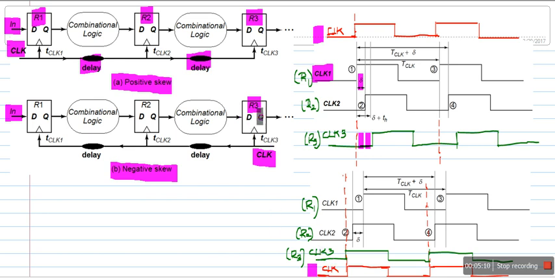Since register R3 will receive the clock signal without any delay, this red dotted line is the reference line, as I mentioned in the positive skew. So there is no phase shift between the main clock and clock 3. Register R2 will receive the clock signal after a delay.